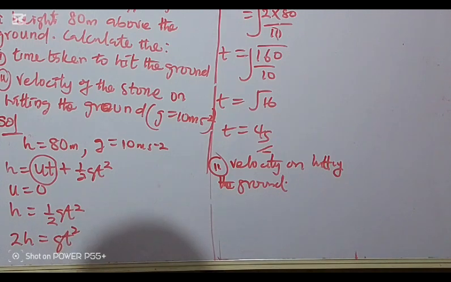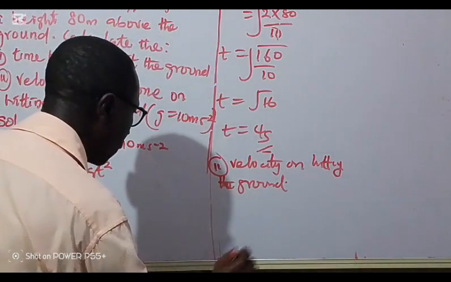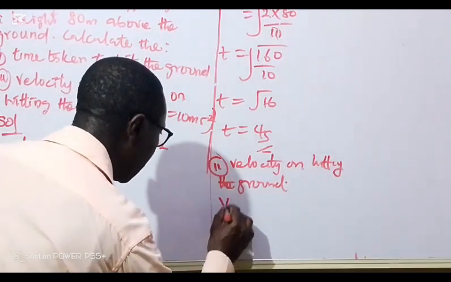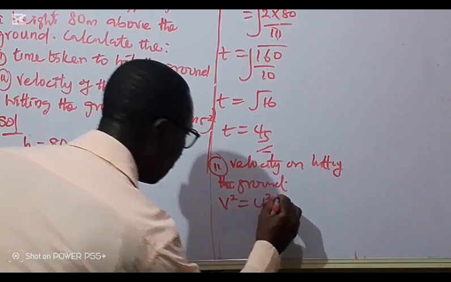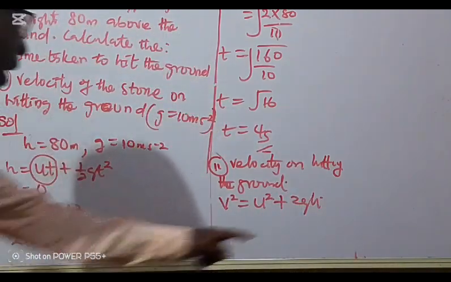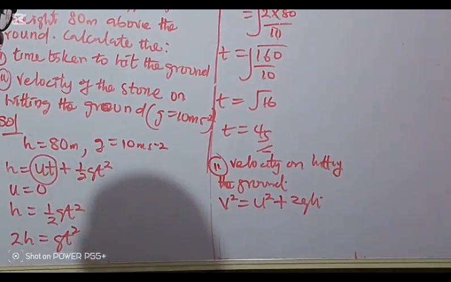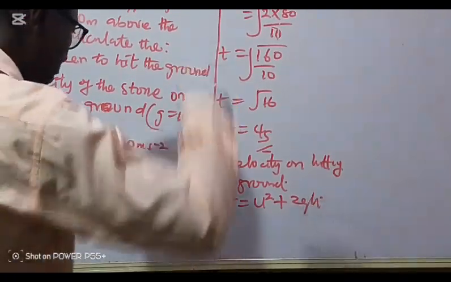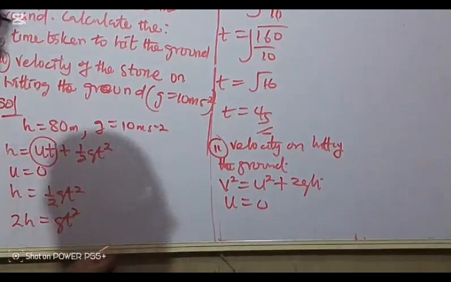Now, we are going to apply equation 3. And equation 3 says that v squared is equal to u squared plus 2gh. Mind you, height is already known. And on coming down, don't forget, u will be equal to 0.